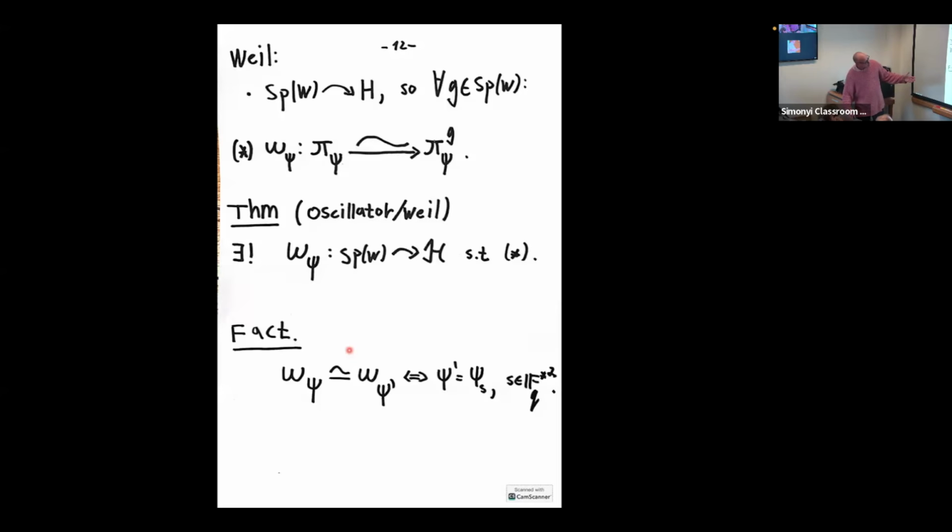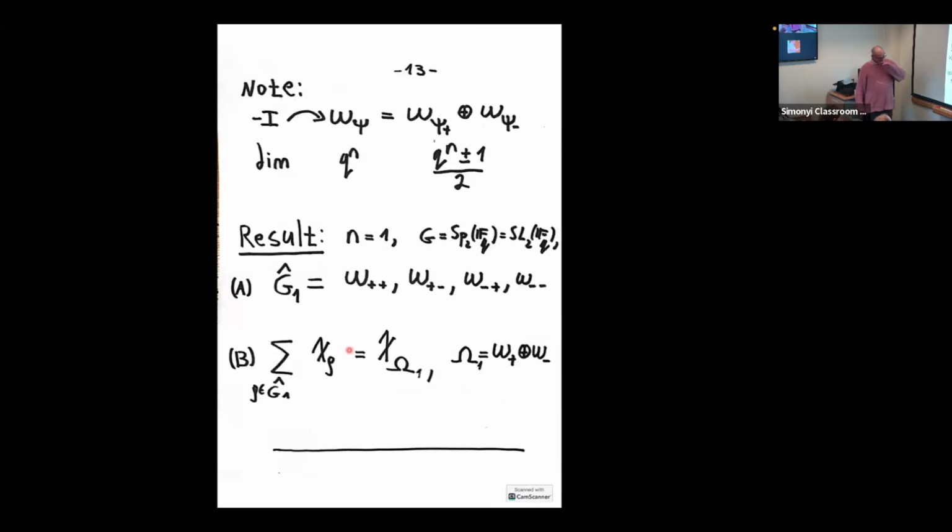Now, this representation is very important for our story, but it's not irreducible. Nobody says that the irreducible representations are the most important. And it's easy to see its decomposition into actually two irreducibles. The center of the symplectic group is plus or minus 1.